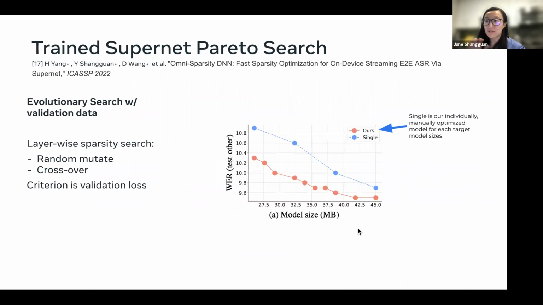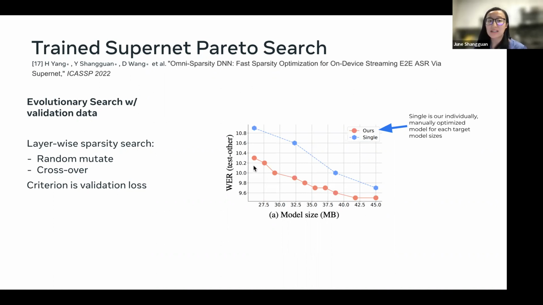So without further ado, let me show you the results. It's very impressive: on one side you manually tune a strong baseline, training the best model you can at these sizes, versus we train one model and just do evolutionary search to find the best model based on validation loss.